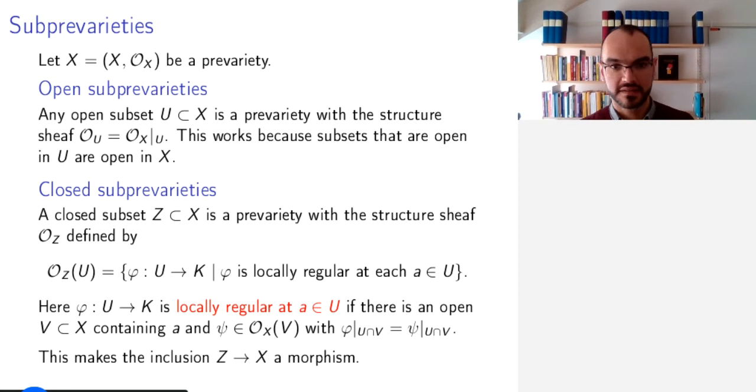And one can check that this makes the inclusion of Z to X into a morphism of pre-varieties, a morphism of ringed spaces.